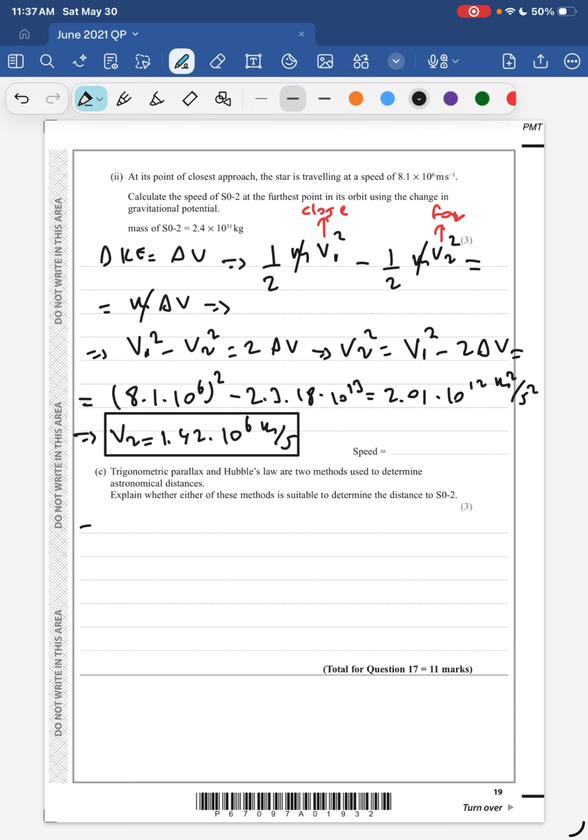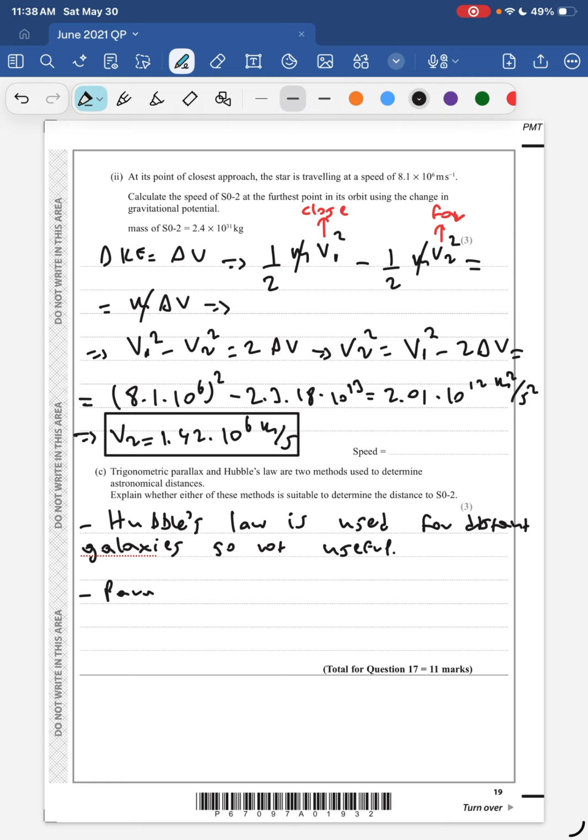Okay, Hubble's law applies to other galaxies, like really huge distances, so it doesn't work here. So Hubble's law is used for distant galaxies. Okay, so not useful.